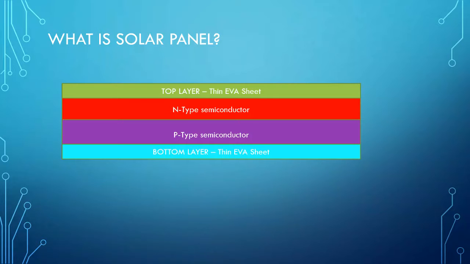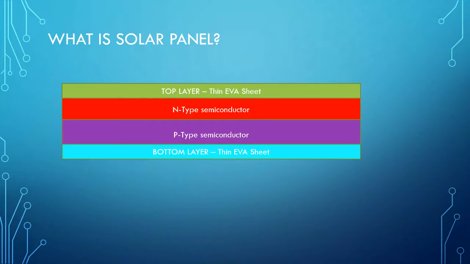So this is the basic concept of how a solar panel works. The concept is simple. Sunlight is entering the solar panel, and it has photon energy. Photon energy is traveling through the depletion region, and it produces an electron plus hole pair, and electrons are attracted towards p-type semiconductor and holes are attracted towards n-type semiconductor.